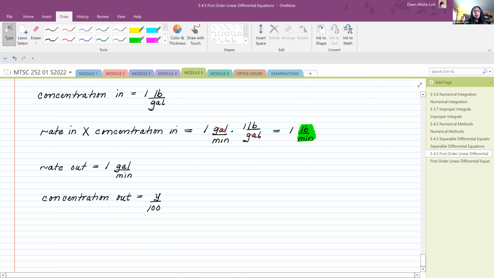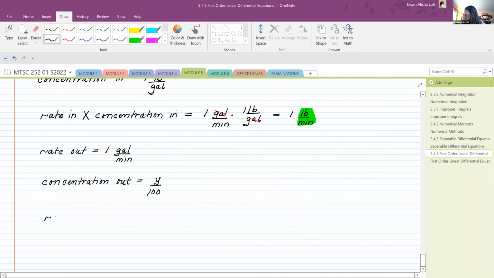Okay, so again, we're going to take the rate out times the concentration out. And that's going to equal the rate out, which is 1 gallon per minute, and the concentration out is Y pounds per 100 gallons.